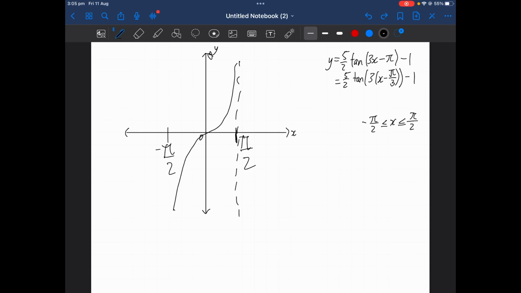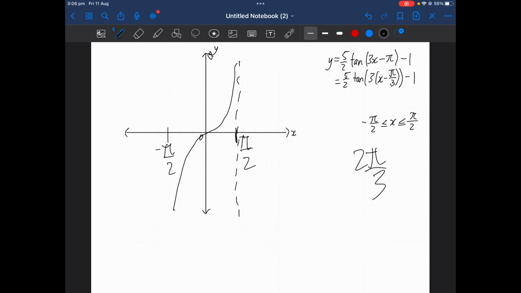Now, as for the period, it's a little bit different to the sine and the cos one. If you have like here, the period is going to be 2 pi over whatever this number is on 2, so the period is that. But in this case, for tan, it's a little bit different. It's not 2 pi on whatever it is, it's just pi on whatever it is.